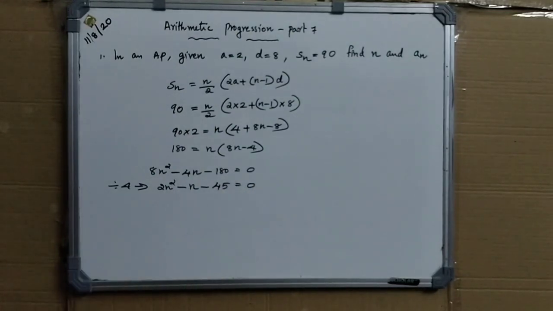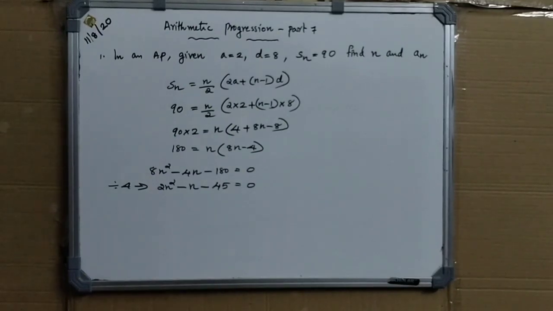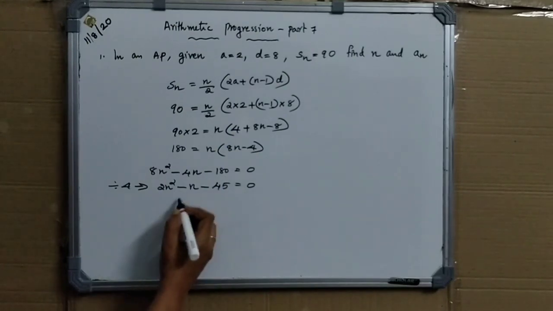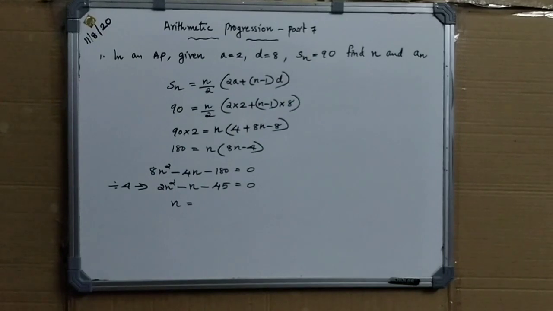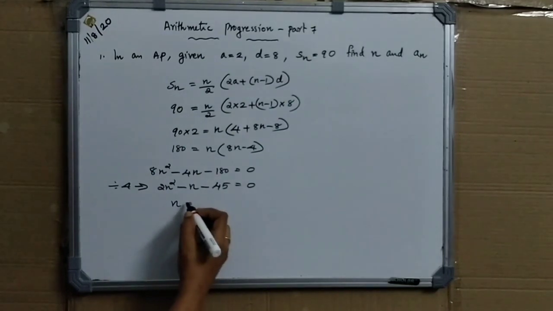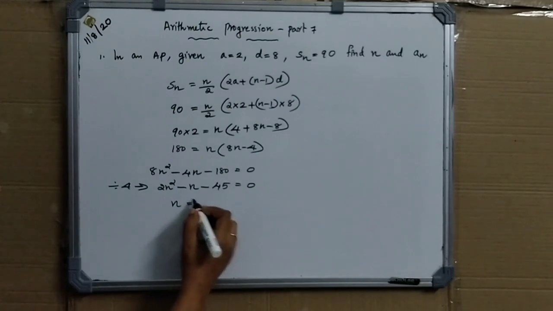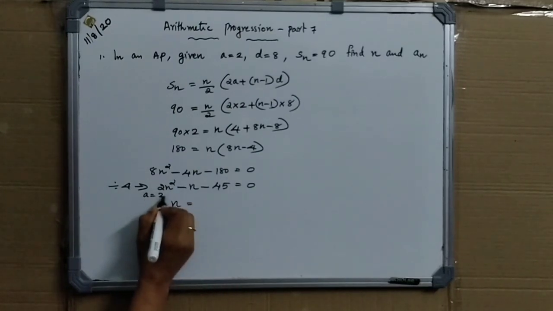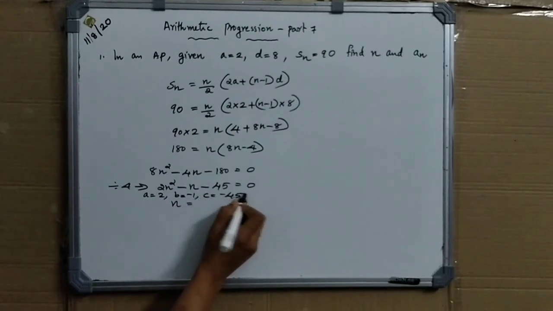Now you can solve for n here. It is becoming a quadratic equation. You can solve for n using the quadratic formula or splitting of the middle term. Now I use the quadratic formula. We have x equal to minus b plus or minus root of b square minus 4ac, by 2a. So n equal to, here a equal to 2, b equal to negative 1 and c equal to negative 45.